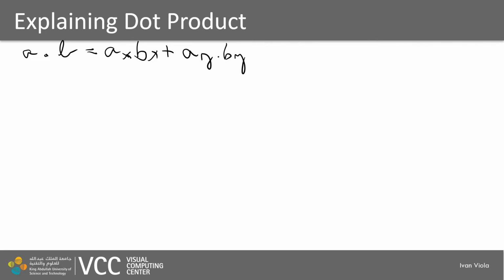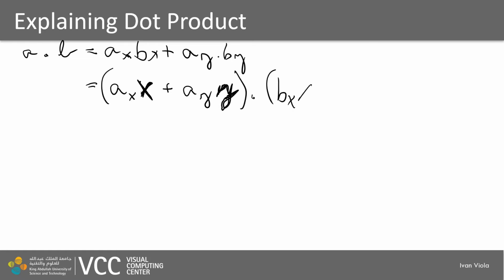So we can observe that A is really AX, a multiplicator for the x coordinate axis, plus AY, multiplicator for the y coordinates, the multiplier of the vector y, which is perpendicular to the vector x, and the same for the vector B: BX plus BY.